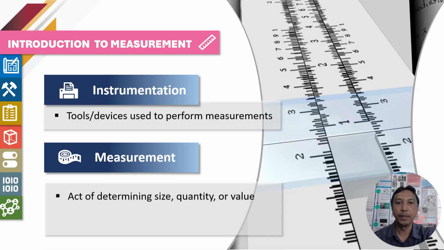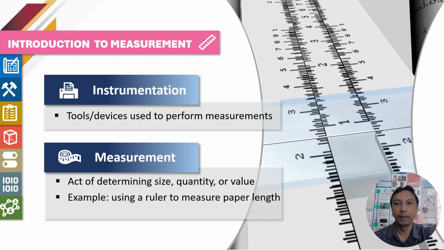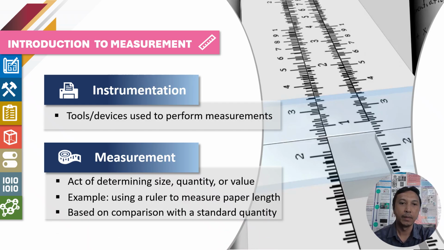This is simply the act of determining the size or quantity of something. For example, when we use a ruler to measure the length of a piece of paper, that's measurement. Essentially, measurement is always a comparison of a quantity with a standard reference.